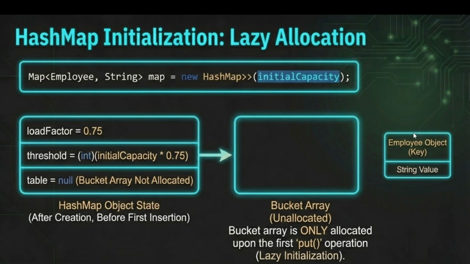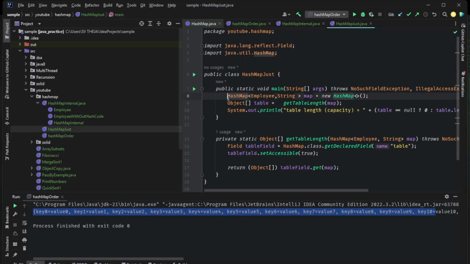Here, an Employee object I'm storing as a key and a String I'm storing as a value. To see this in practice, I have an employee map that I just created with a new HashMap. I have not added anything into the HashMap. Now I have written some code which will read the table using reflection.